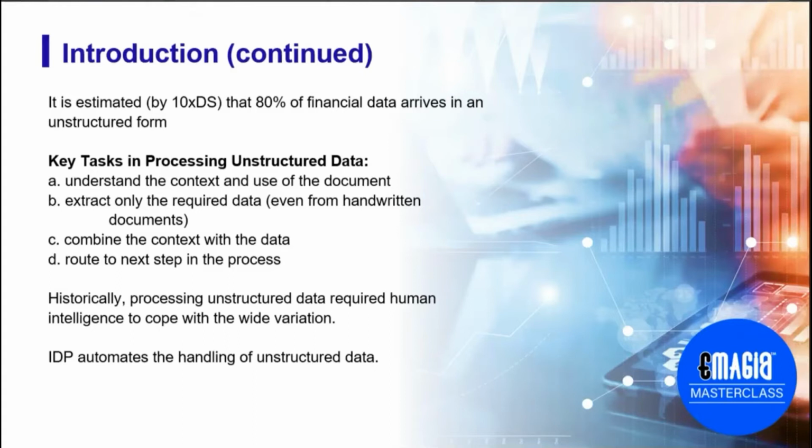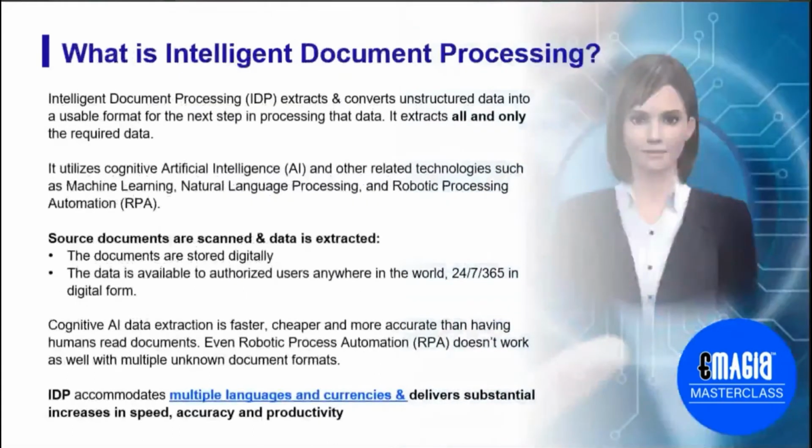So that's a big breakthrough. That's big news. All right. So let's define a little more precisely what is IDP. Essentially, it extracts and converts unstructured data into a usable format, which is then used in the next step in processing that data.